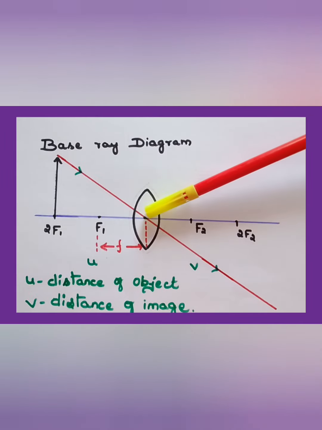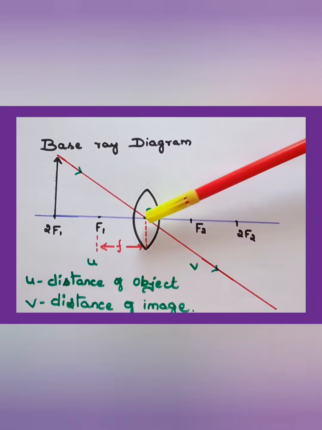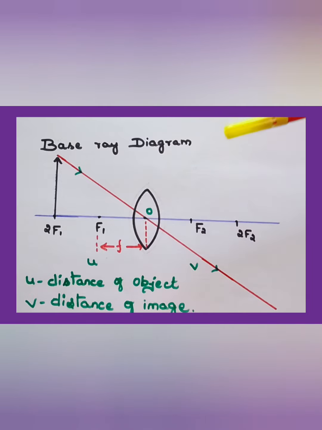Where this bisector and the principal axis meet, you can take the optical center O. If it is a convex lens, F1 is on the left side and F2 on the right side, then on the other sides 2F1 and 2F2. In case of a concave lens, F1 is on the right-hand side as we view, the left-hand side becomes F2, and 2F1 and 2F2 also change respectively.